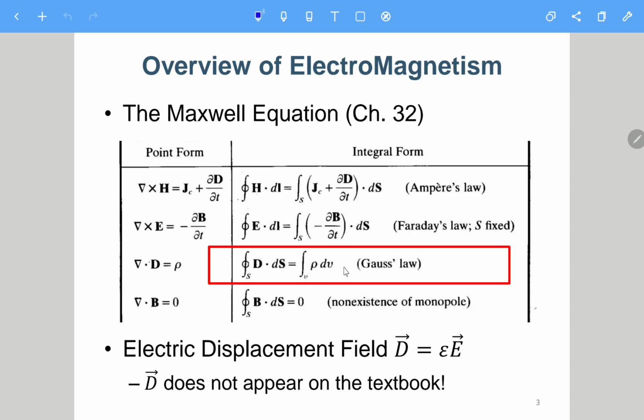In the textbook you will mainly learn about the integral form, and after chapters 32 and 33, I will also slightly talk about the differential form, because differential forms are quite important.